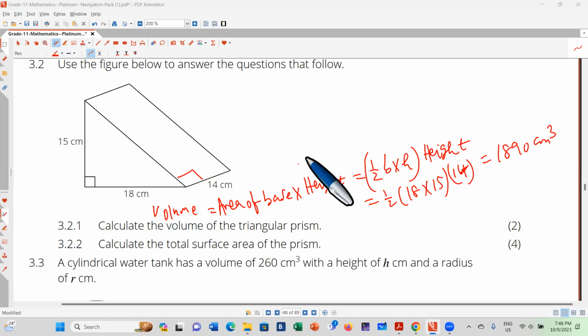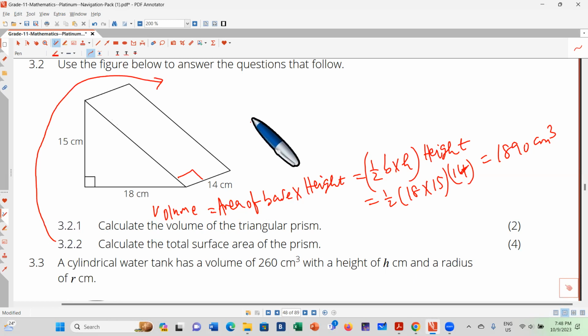So you're going to do 3.2.2 here. In 3.2.2, there are a couple of things you need to notice. We first have to find the length of this hypotenuse because it's not known.